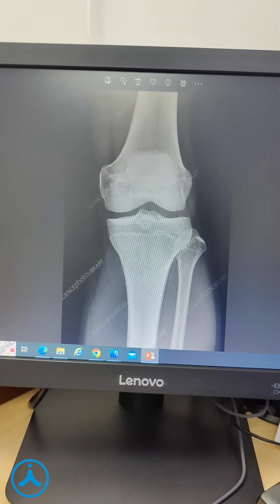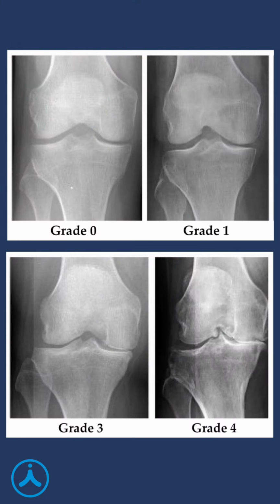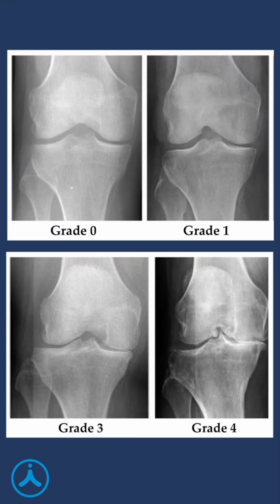Now, what happens when arthritis develops? As you can see here, this is the KL classification of osteoarthritis. This one is a normal knee, where the medial and lateral gaps are almost equal. Then gradually the joint space between the medial femoral condyle and the medial proximal tibial condyle gets reduced, a bit, then more, and then more and more.